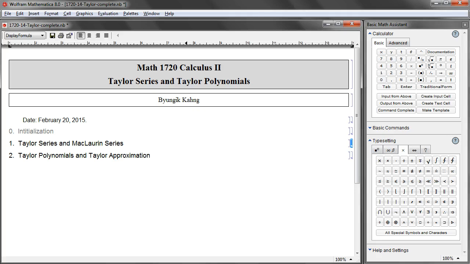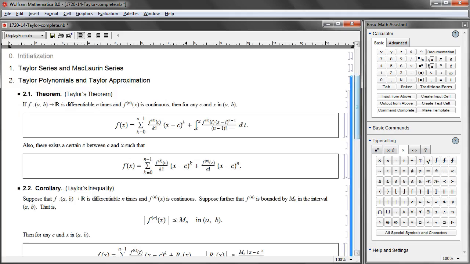Now let's go over to Taylor polynomials. And this is going to be a rough topic, and we'll have to skip a lot of things here. Here is Taylor's theorem, and this is far more general than the previous Taylor series theorem, which was valid only when the original function had a power series expansion.